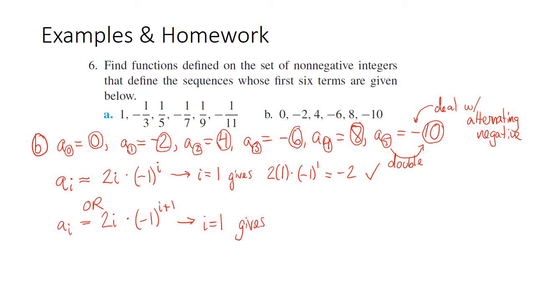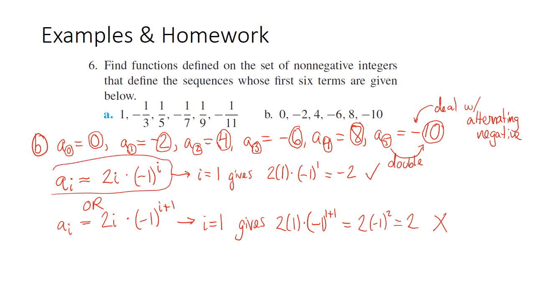That would have given me 2 times 1 times negative 1 to the 1 plus 1, which would have been 2 times negative 1 squared, which would be positive 2, which is not the right one. So the one that I want is this one. That's my formula for the sequence. And now to write it as a function, let's just literally write it in function notation.